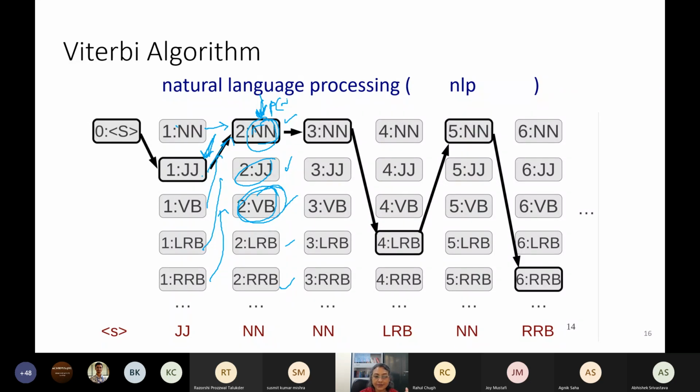If I have found the highest probability of the path stopping at verb at the second word, and this is not the final word, can we just take that state and ignore all the states for further processing? No, ma'am, because previous states also have transition probabilities which will get multiplied. The previous states we already have accounted for. Probability of the previous we have accounted for, but by looking at only one or two or three words, we cannot find a global view of what the next word will be, right?